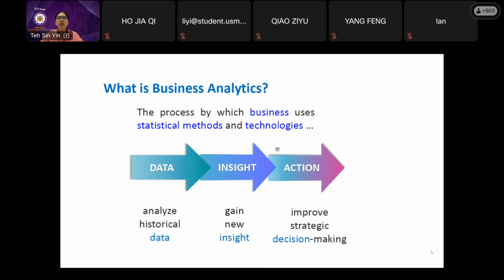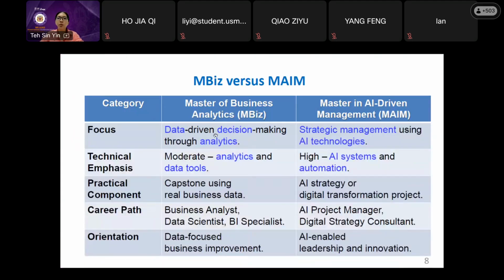So that's why you need data. You make data-driven decisions through analytics, or through data analytics. What about MAIM? They are more focused on strategy management. And they do this strategy management leveraging AI technology.